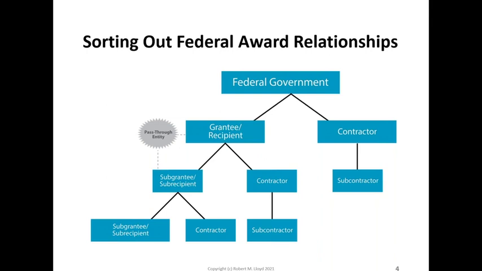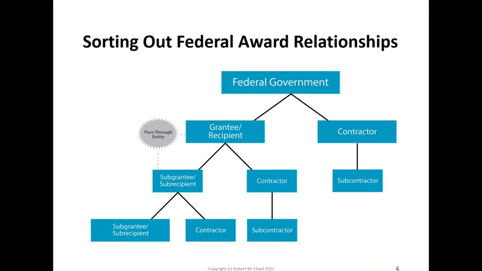Well, that grantee or recipient, also known as a pass-through entity when it deals with the lower tier, has to decide whether what they're doing is assisting somebody or purchasing from somebody. The assisting somebody involves a transaction known as a subaward or subgrant to a subgrantee or subrecipient.